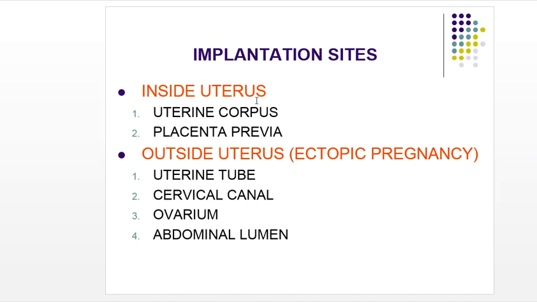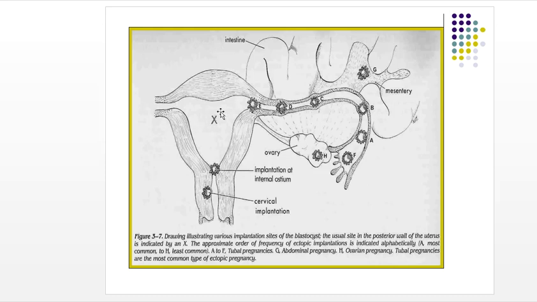Sometimes the embryo is not implanted in the normal site, because usually the embryo is implanted in the posterior superior wall of the uterine cavity.